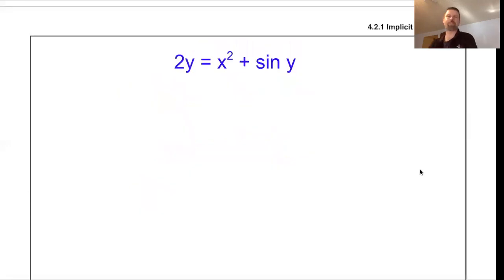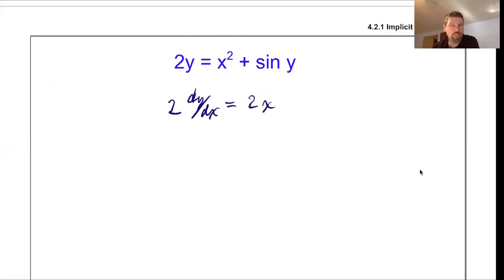This one, all right, take the derivative. Derivative of 2y. Well, if it was a 2x, the derivative would just be 2. So the derivative of 2y is 2, but then chain rule says I have to times by the derivative of the inside. So the derivative of y is dy/dx equals derivative of x squared is 2x.